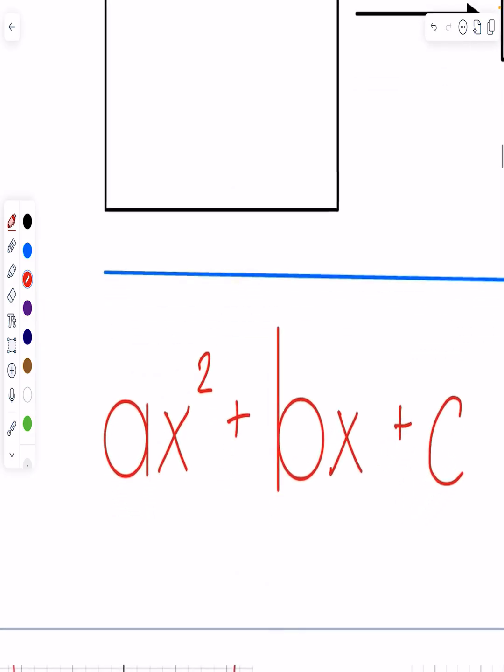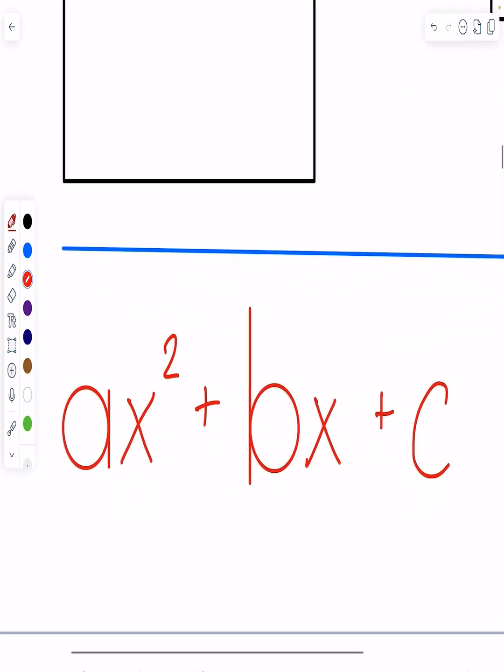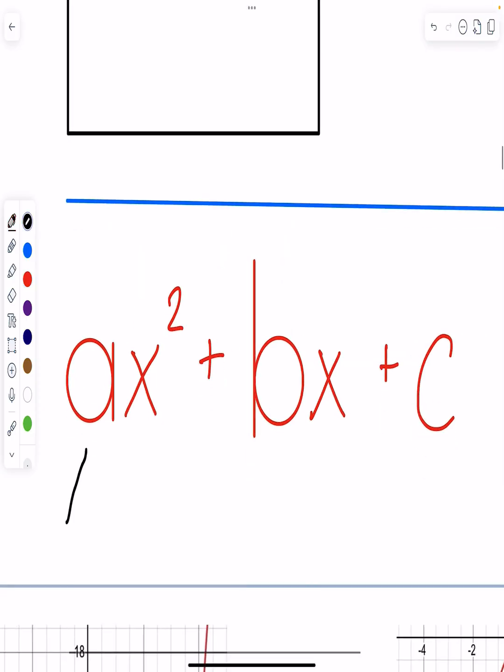So the baseline structural quadratic function will look as such. It will look like ax squared plus bx plus c. Right? We can define what these constants mean. The a value is our scale, which we know to be the leading coefficient.